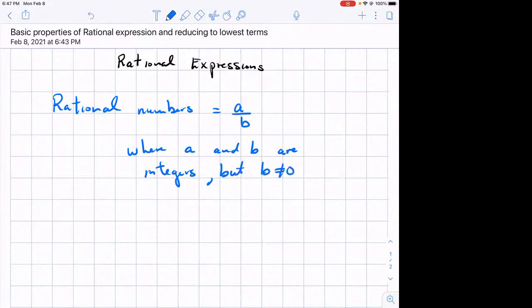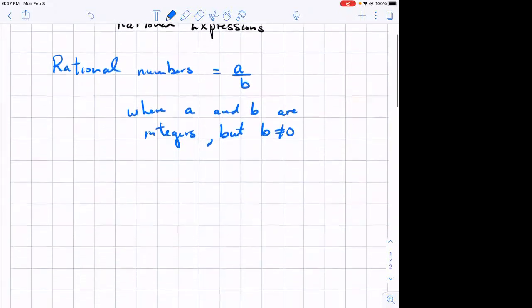We've talked about ratios in the past, and we said that the denominator of any fraction cannot be equal to 0.